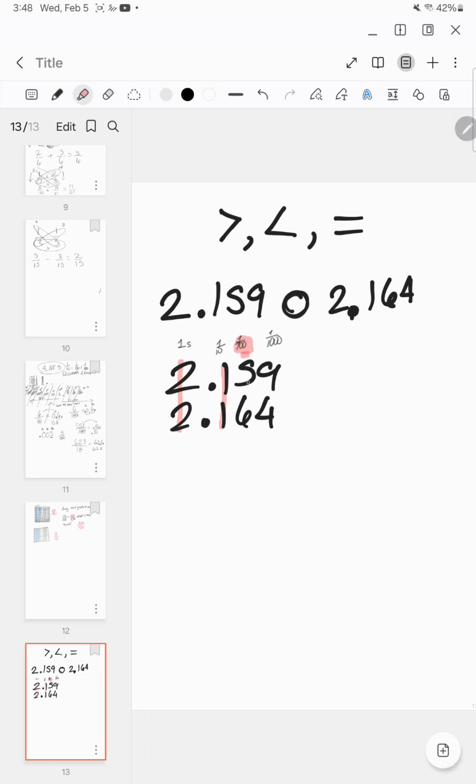And you got to see which is bigger, 5 or 6, and 6 should be bigger. Now I'm not going to worry about that 9 and that 4. It doesn't matter, because in this place, that's what matters, because this place is actually bigger than that place. So 6 is bigger than 5, which means that this is greater and that other number is less.